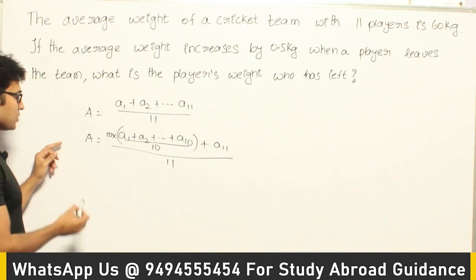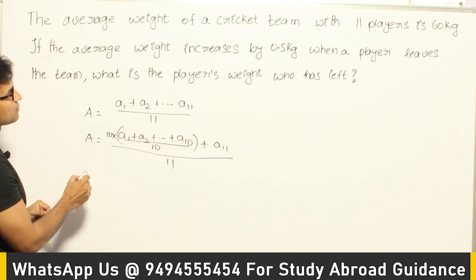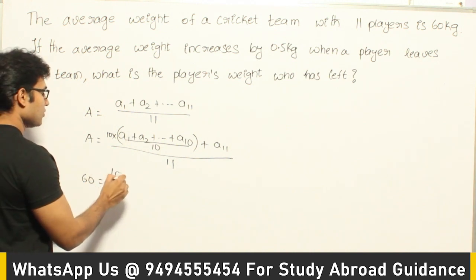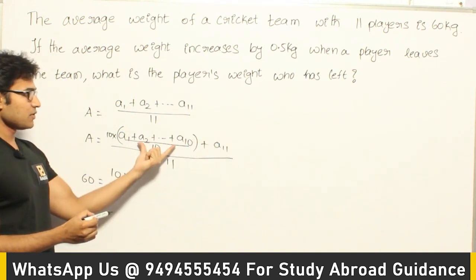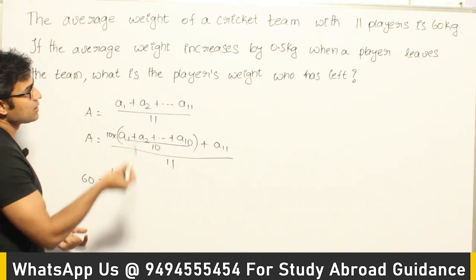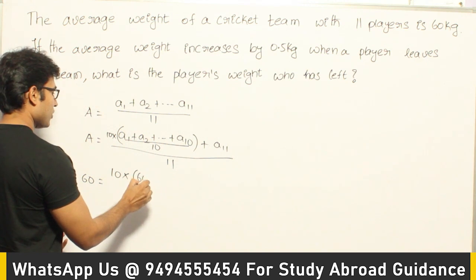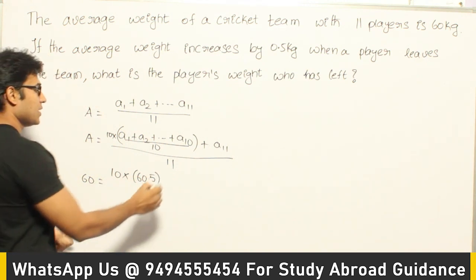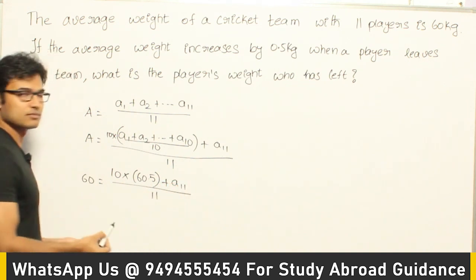So if you substitute, the average of 11 people is given as 60 kgs, which equals 10 into the average after one player is taken out, which means the average of the remaining 10 people, increased by 0.5. So that is 60.5, plus A11, divided by 11.